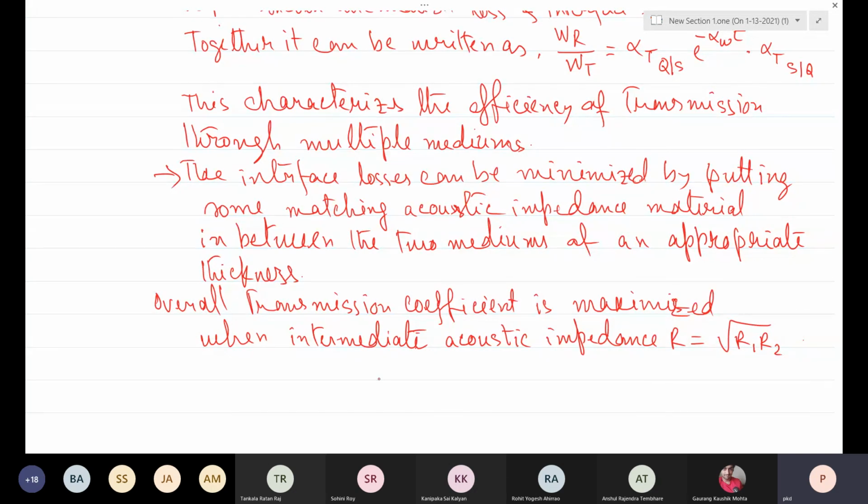There we have to see that this kind of energy transfer from the hydrophone is maximized. So we have to have appropriate matching layers designed. Apart from the acoustic impedance, the thickness is also important.